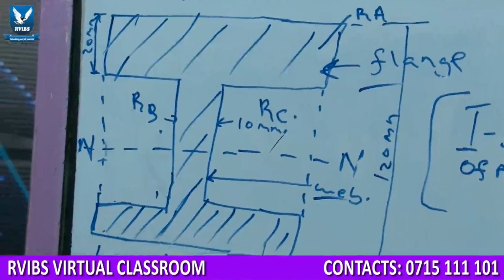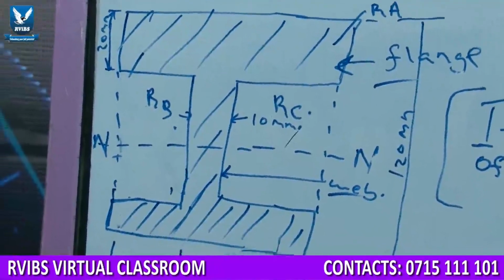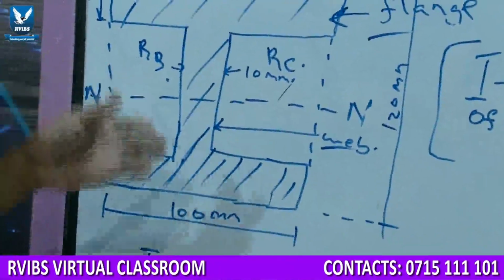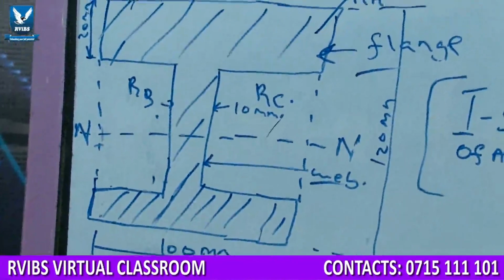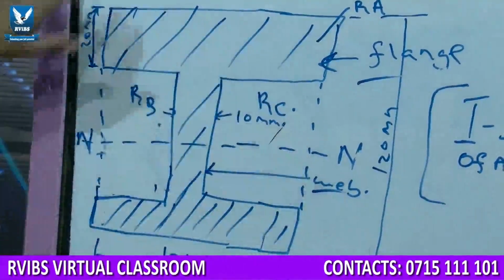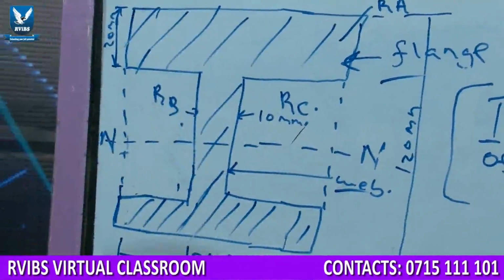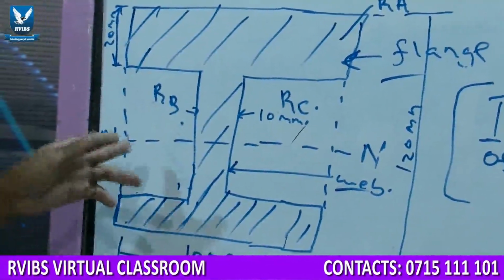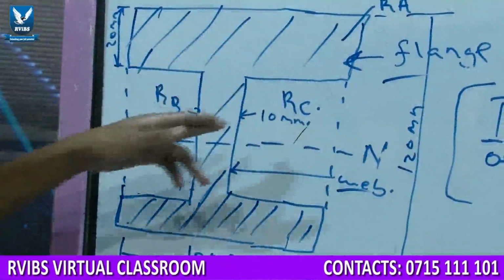For the calculation of the moments of inertia, we are going to consider the section as three rectangles: rectangle A covering the whole area, and rectangles B and C, which are the cuts from rectangle A resulting in the section.